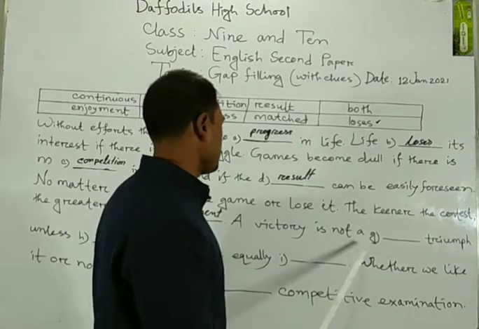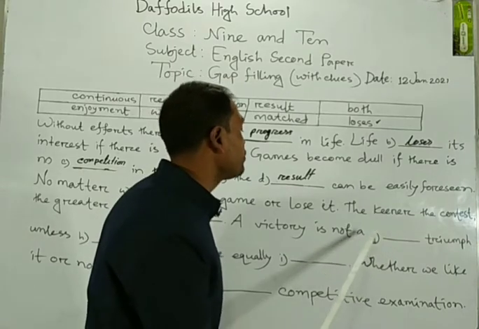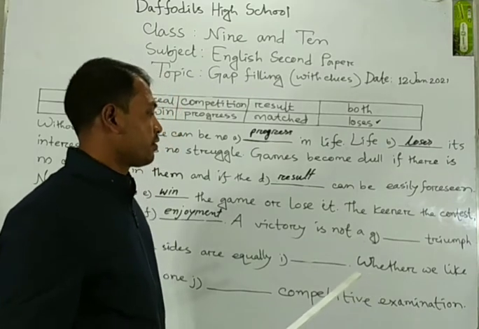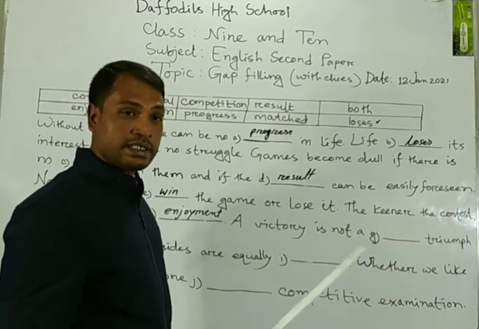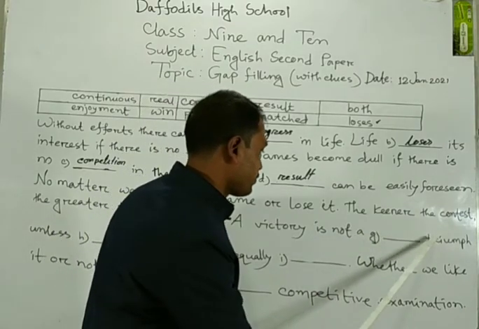In the first gap, we see that this gap is situated between a determiner and a noun, and our rule says that determiner plus adjective plus noun.